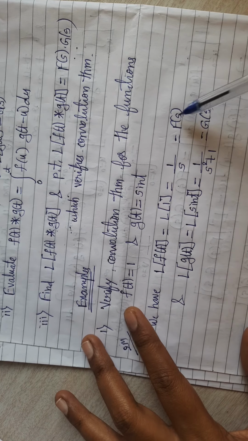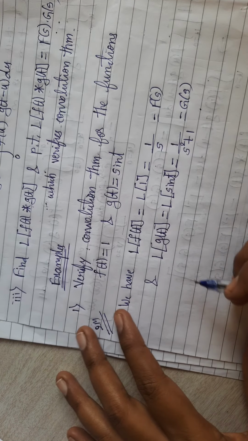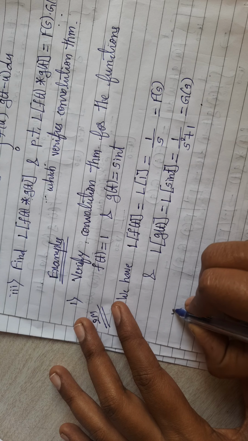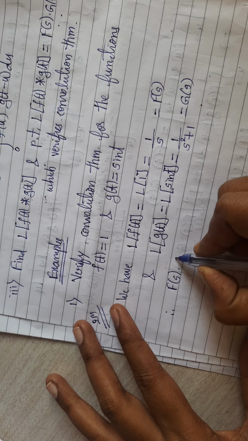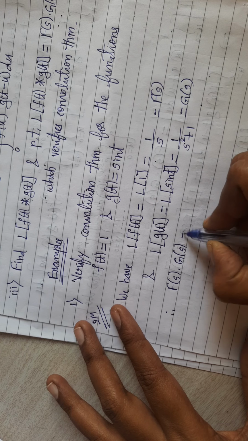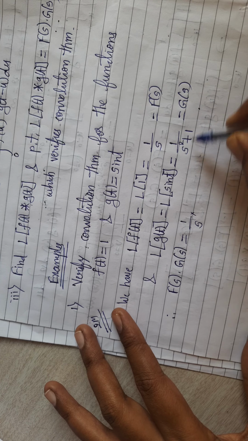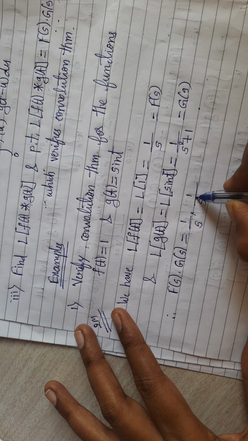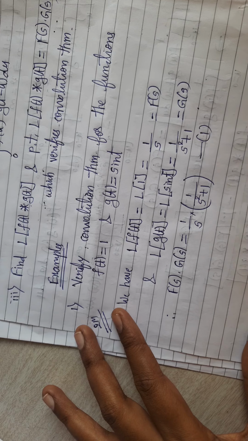Since you have calculated f of s and g of s, first I will calculate the product. Therefore f of s into g of s equals f of s is 1 by s into g of s is 1 by s square plus 1. Call this equation 1.